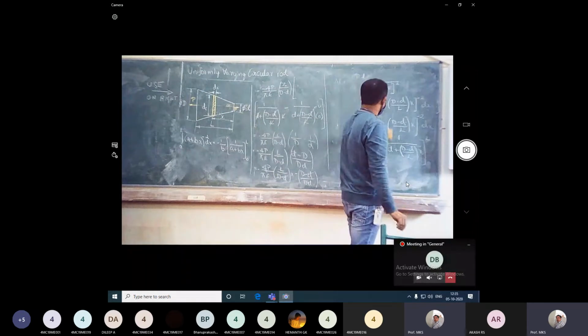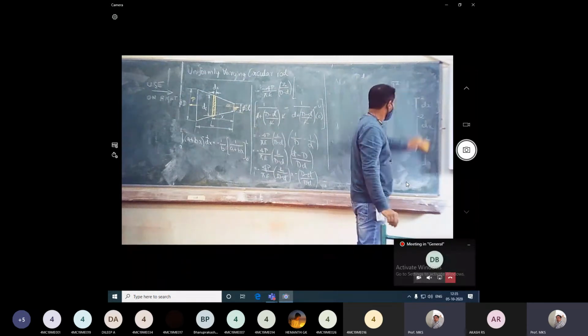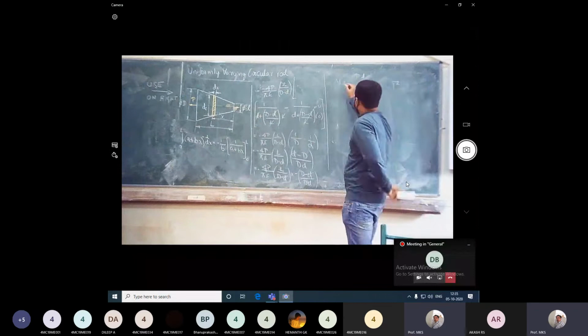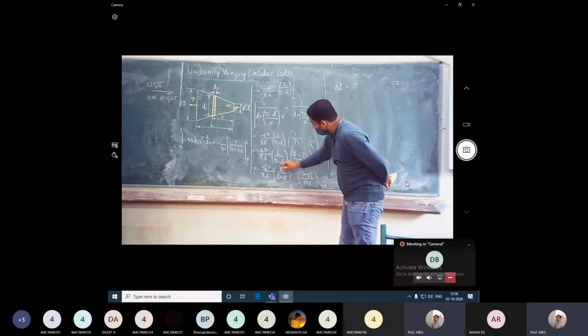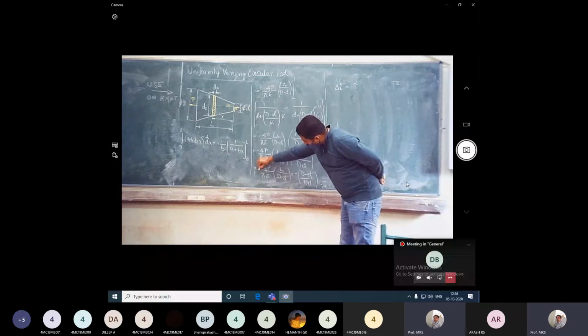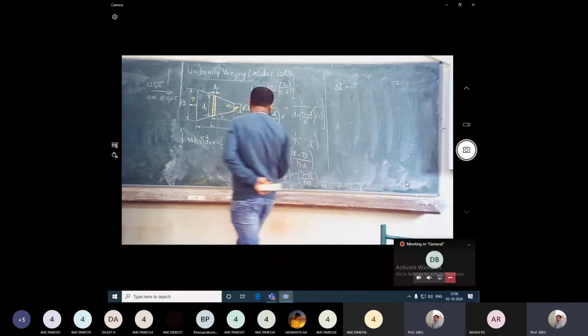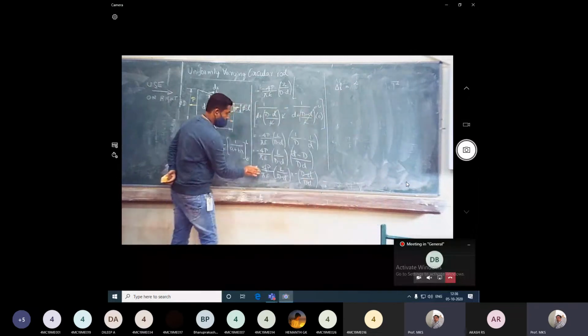the final expression for change in length. So delta L is equal to what? This minus into minus becomes plus, minus into minus is plus.